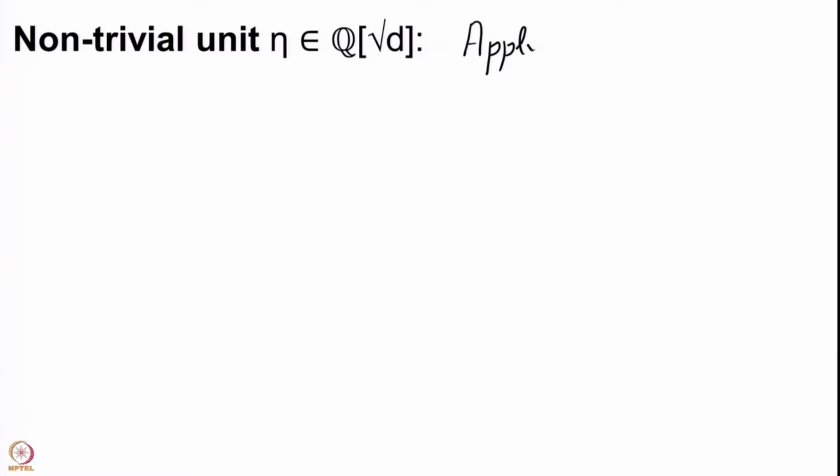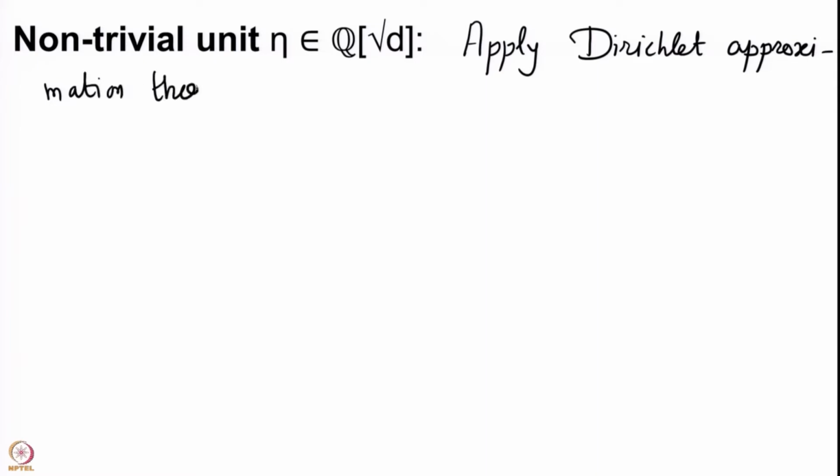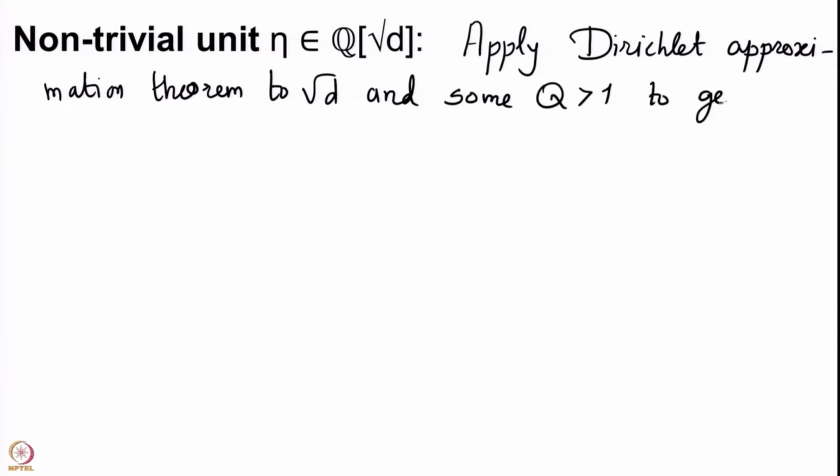Apply Dirichlet approximation theorem to root D and some capital Q bigger than 1 to get p, q in integers.